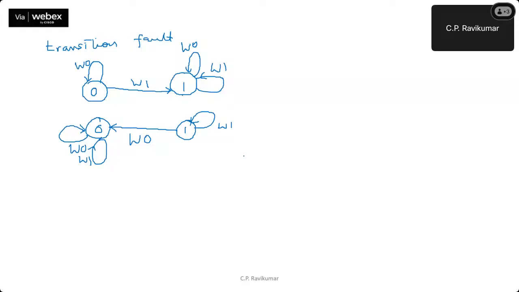Again, remember this is a functional model. How this actually happens, what physical mechanism might cause this behavior, is something that we don't want to get into, right? In the same way, we can have what is called a coupling fault. Imagine that there are two cells.